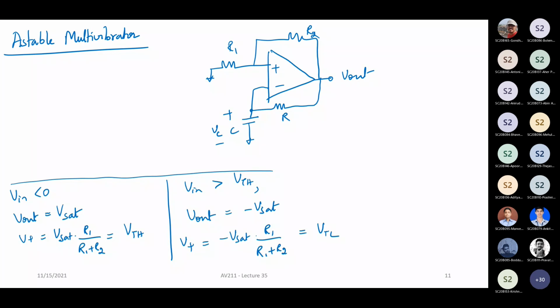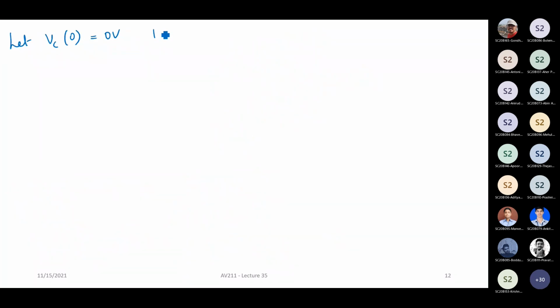Now what will be Vout? Come on, guys. Negative terminal is at 0, right? What will be the output voltage? Let us say it is going to plus VSAT. Let's say Vout of 0 is also plus VSAT.